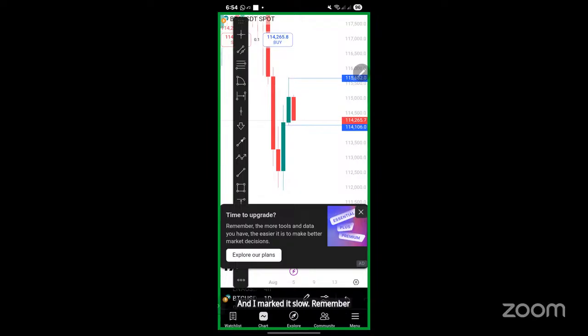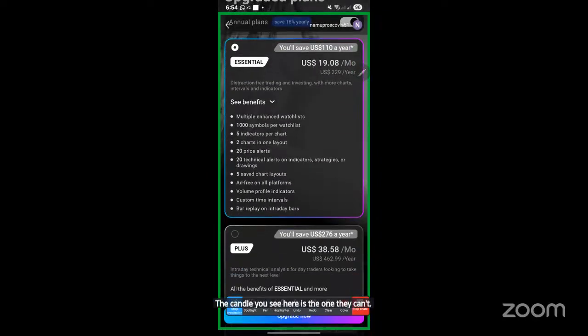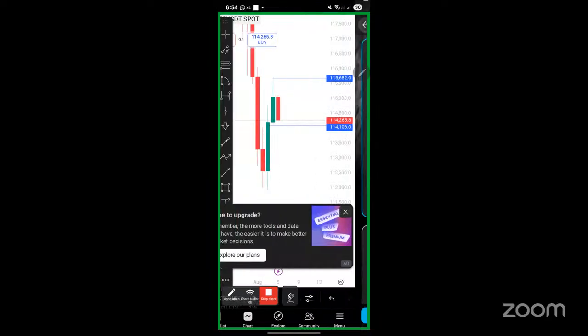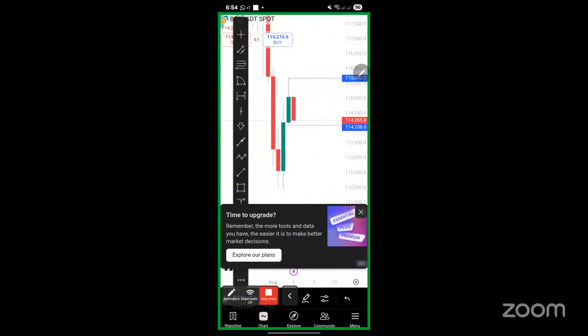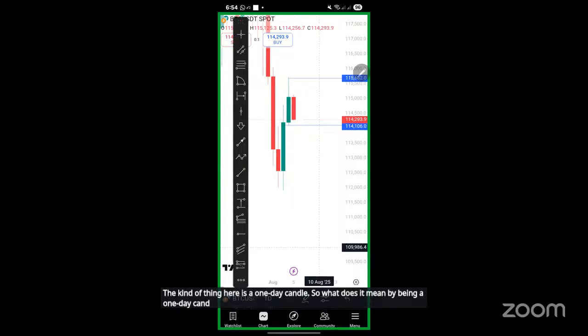Remember, it is a 1 day candle. The candle you see here is a 1 day candle. So what does it mean to be a 1 day candle? Let's go into details slowly.